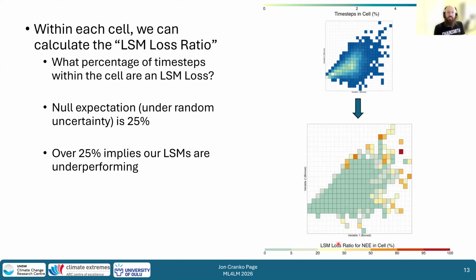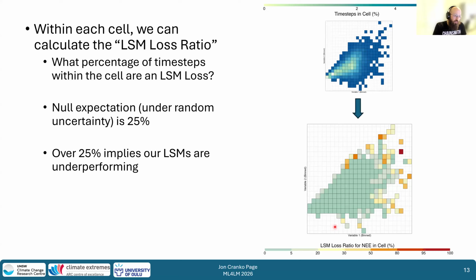Because we're looking at an LSM and 3 empirical flux models, if the models were all performing exactly the same and there was just sort of random error within the models, we would expect a loss ratio of about 25%, where the LSM is only the worst performing a quarter of the time. So anything with a loss ratio more than 25% indicates that our land surface model could be doing better.